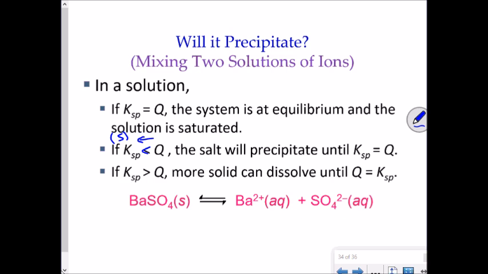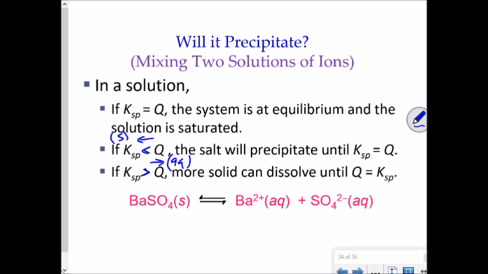And if the Ksp is greater than the Q, with the alphabetical arrow pointing this way, you're going to be able to keep getting ions, the aq, out of it. If we put K first alphabetically, then Q second, you're going to be able to tell which way it's going to proceed. Is it going to form the solid, or are you going to be allowed to keep dissolving and form aq, some more ions?